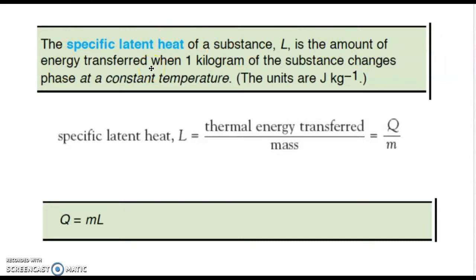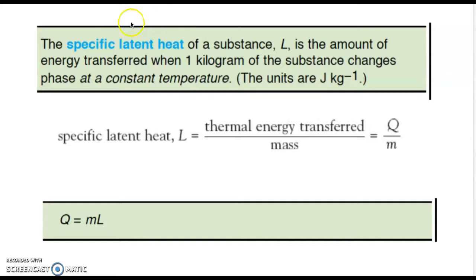And so you have a specific latent heat of vaporization. So that's the amount of energy that a substance needs to become liquid to gas or gas to liquid. And the specific latent heat of melting, which is the amount of energy that a substance needs to become a liquid if it's a solid, or to freeze if it's a liquid, right?